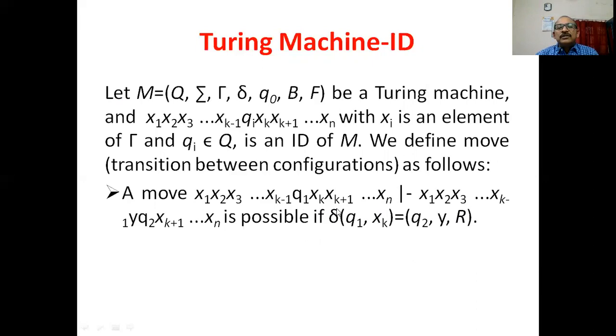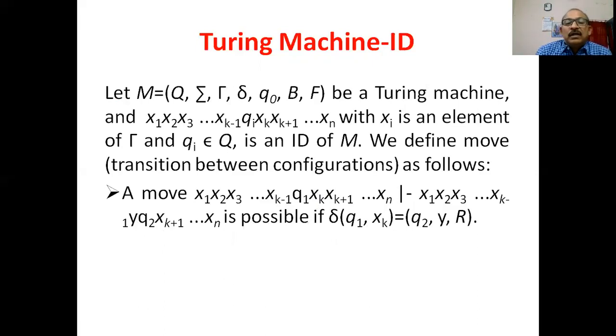This is the current configuration. The symbol under the tape head is xk. If this is the transition function, then replace this xk by y, change the state q1 to q2, and the machine moves in the right direction. What will be the next symbol under the tape head? xk plus 1, and the next state is q2.